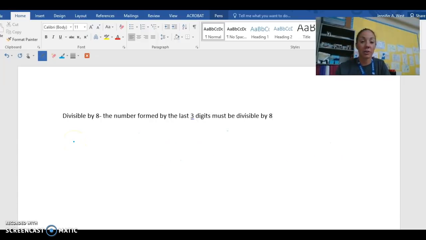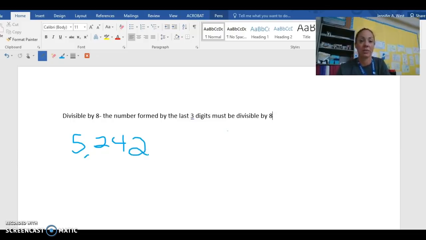All right, our next rule is for numbers when we're trying to figure out if they're divisible by 8. The number formed by the last 3 digits must be divisible by 8. So let's take a look at the number 5,242. Can the number 242 be divided by 8?